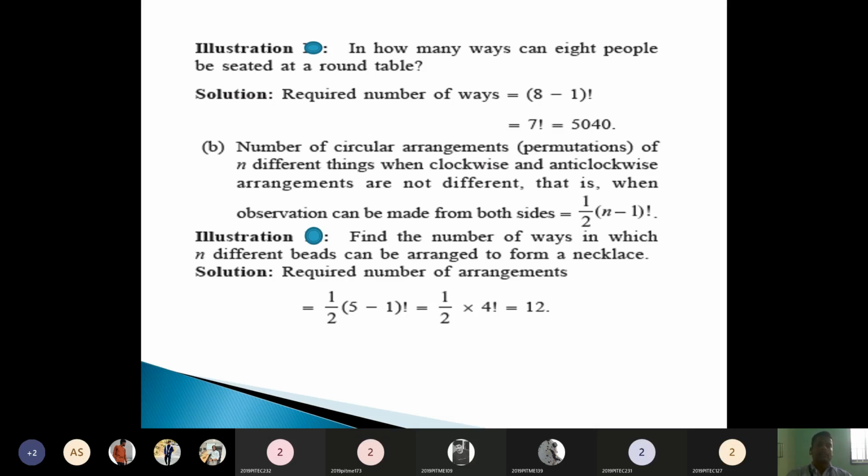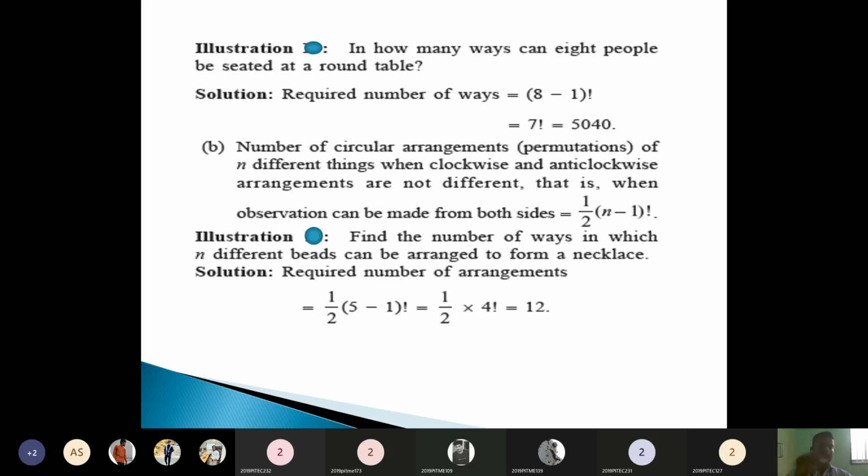Take n as 5. So that is 1 by 2 into (5 minus 1) factorial, which is 1 by 2 into 4 factorial. 4 factorial is 4 into 3 into 2 into 1, so 24 divided by 2 is equal to 12. So 12 different ways we can arrange.